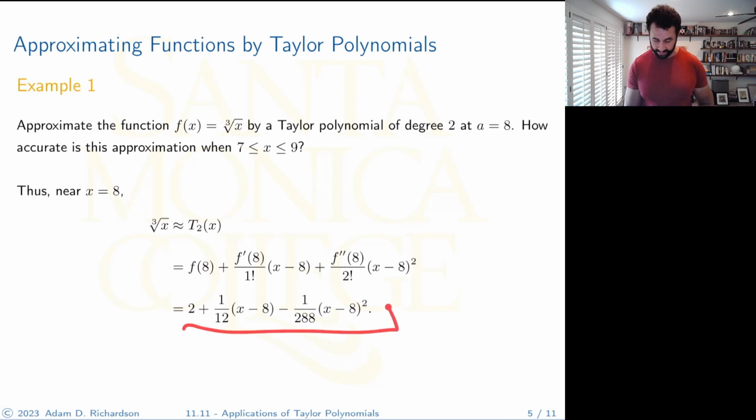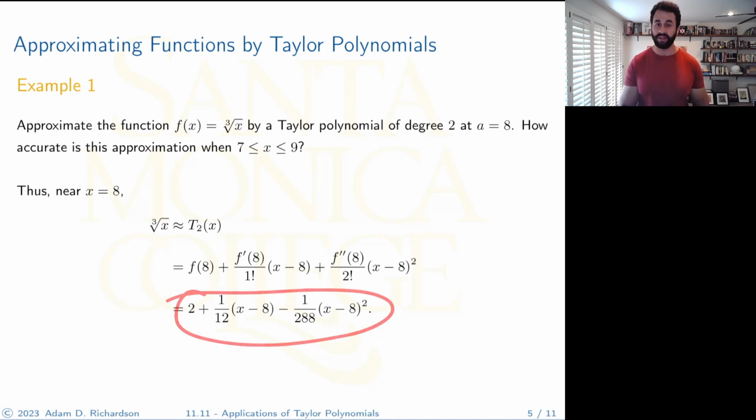So this quite literally is the formula for our parabolic approximation of this function at the point x equals 8. And we can use that approximation near the point x equals 8 to get approximate values of cube root of x. So like if you want to know what is the cube root of 8.2, well, you can use this instead. Just plug in 8.2 and it'll give you an approximation to some degree of accuracy.